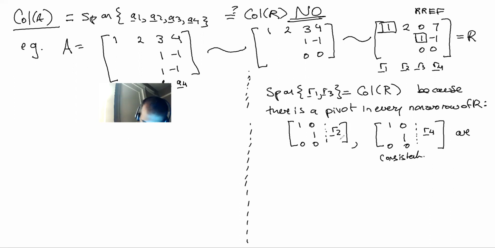And the reason is that you can ignore the 0 rows.